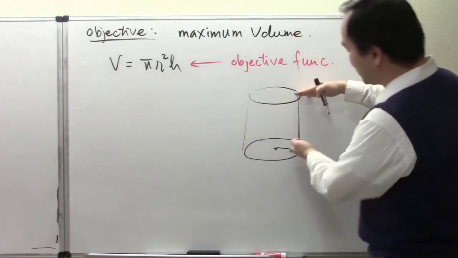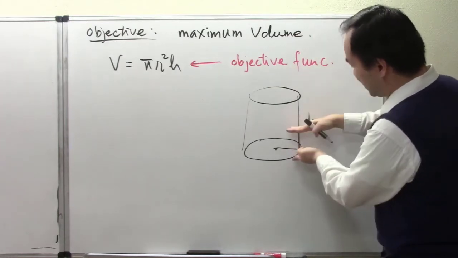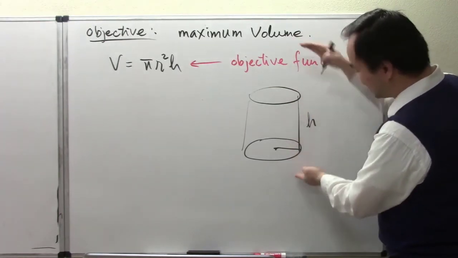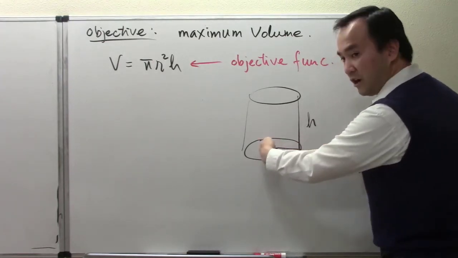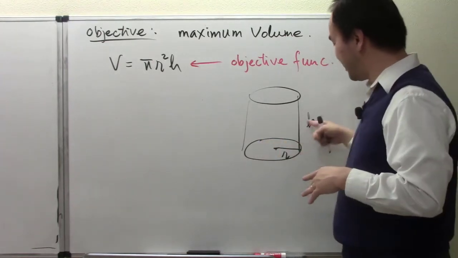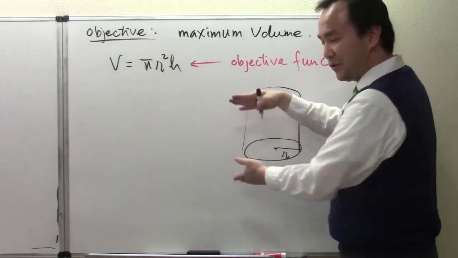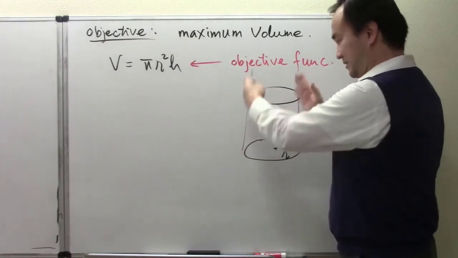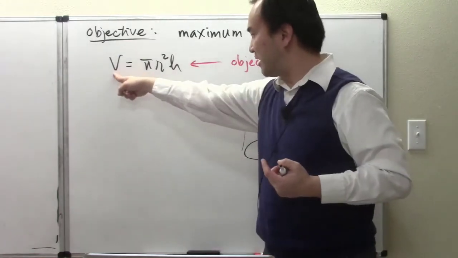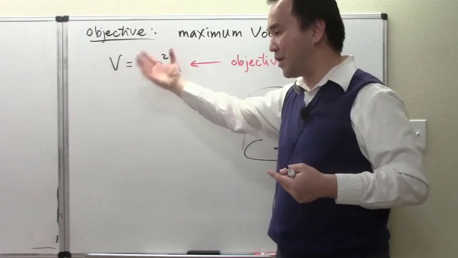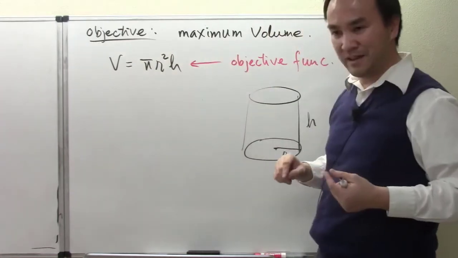You can adjust the height to be shorter or higher, and you can make the radius of the base smaller or larger. As you change any of those, the volume of your cylinder is going to change. That's why it's a function of two variables, and that's why we can find where it gives us the maximum volume.